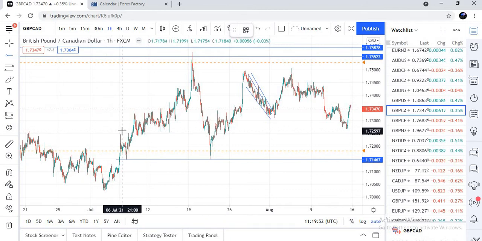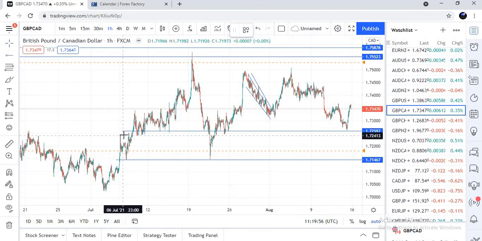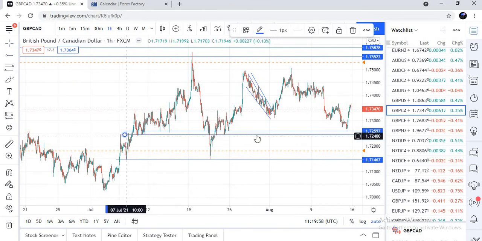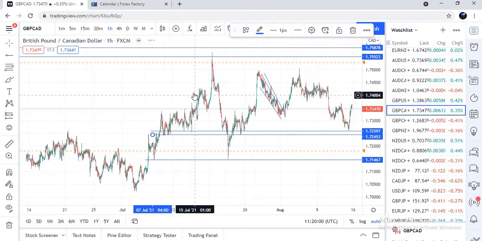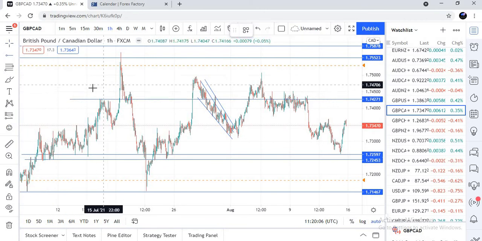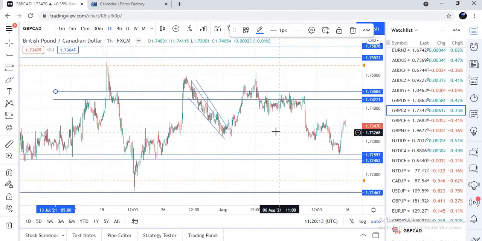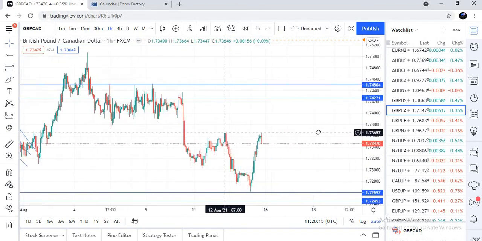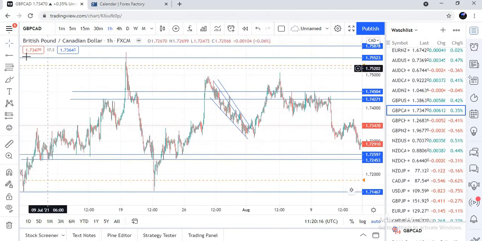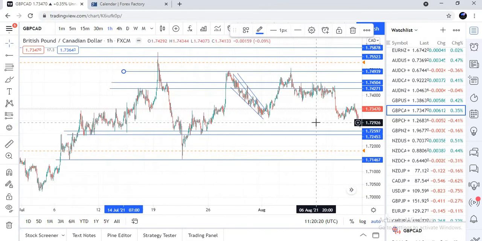So what I will do for this is just set levels for this pair. I'm going to wait to see if the price is going to trigger any of these levels, so that I will know whether I'm going to be placing a buy or a sell for this trade for this week.